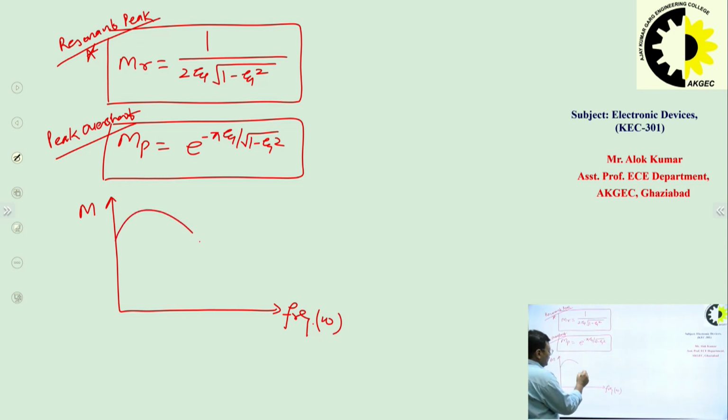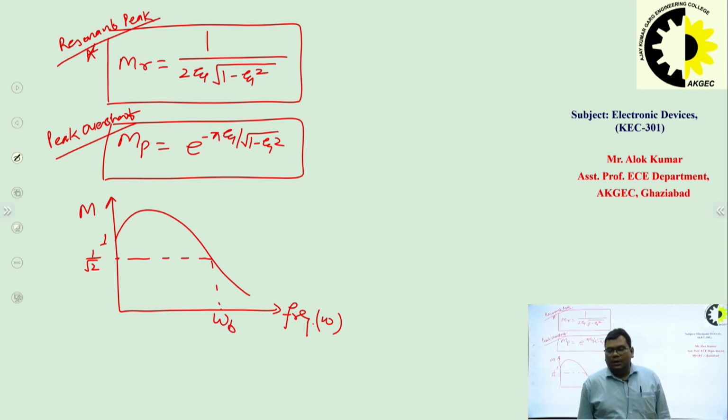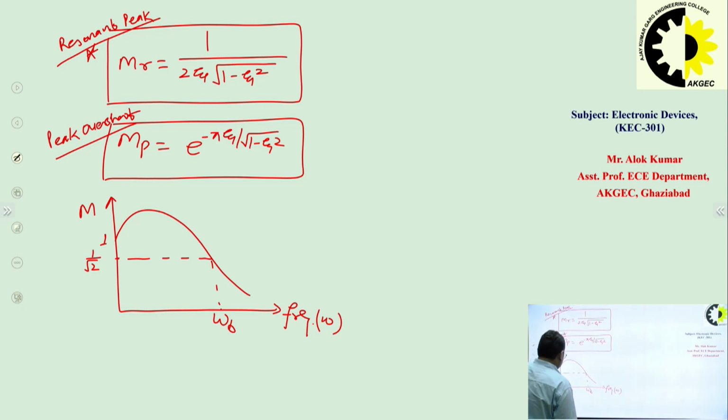So the curve will be like this, and if I choose the 3 dB point, if I have the magnitude 1 here, then at 3 dB point, the magnitude will be 1 by under root 2. So the frequency at which this is happening will be called omega b, or we can say the bandwidth of the system. Okay. So we will calculate this omega b here. So to start with, we will start with the magnitude.